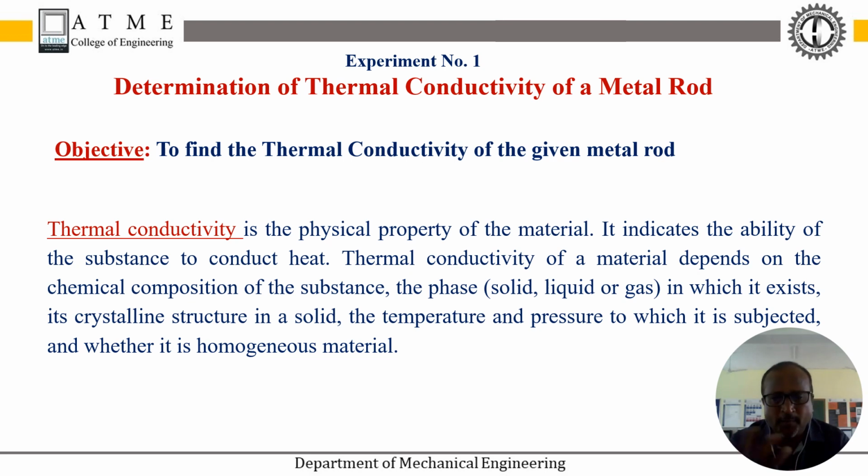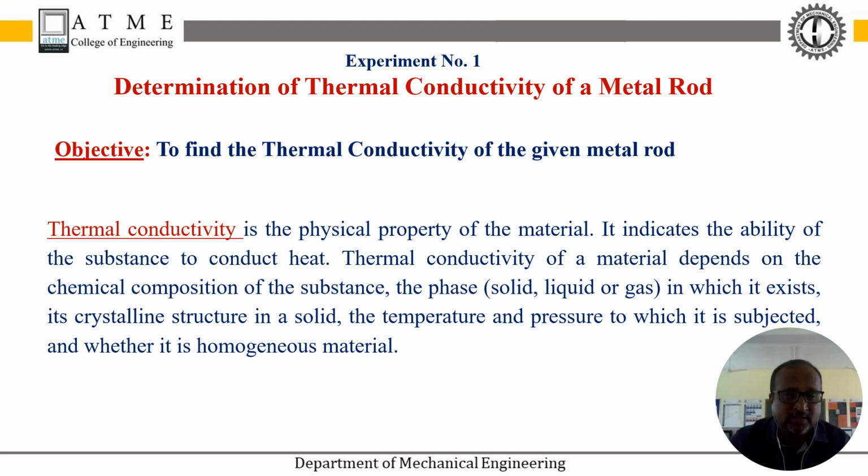Thermoconductivity is a physical property of the material which tells you about the ability of that material to conduct the heat through the rod, right? Some metals conduct the heat faster, some metals conduct the heat moderately, and some materials conduct the heat in a very slow manner. What is the need to find this thermoconductivity of the metal rod?